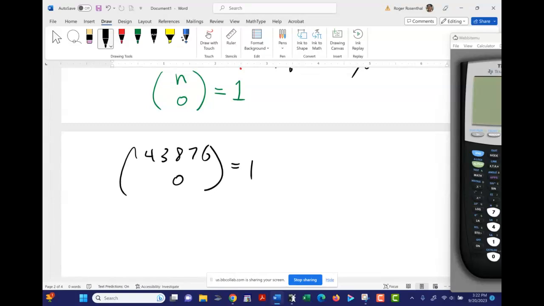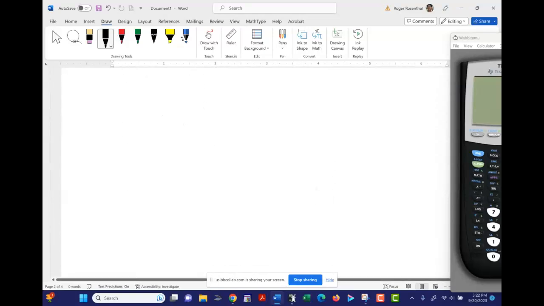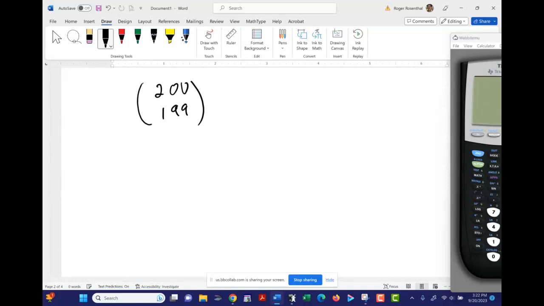Okay, let's do another one. We're going to do 200 choose 199. Again, I recommend you pause the video and try that. So if we use the formula, that's 200 factorial over 199 factorial. Hopefully you've got the idea by now, so you know the last part's going to be 1 factorial.